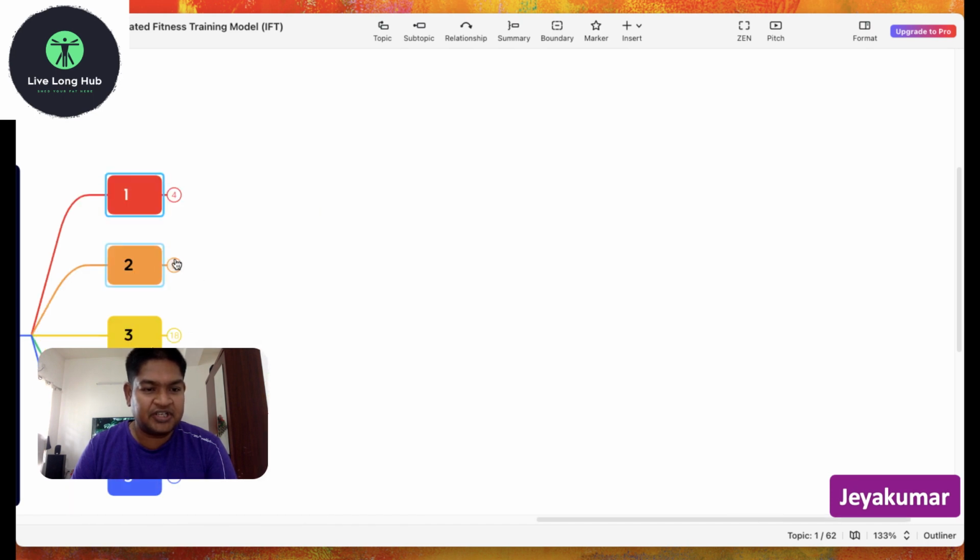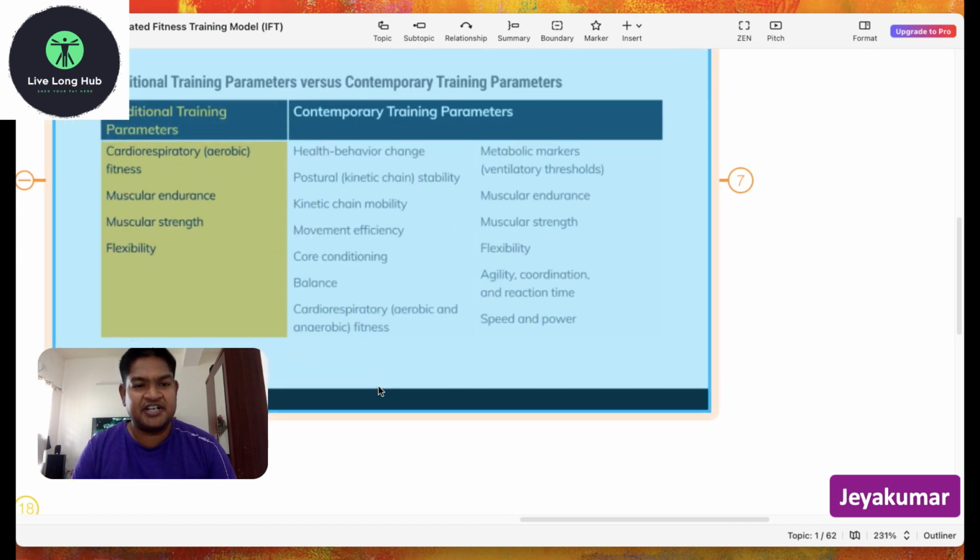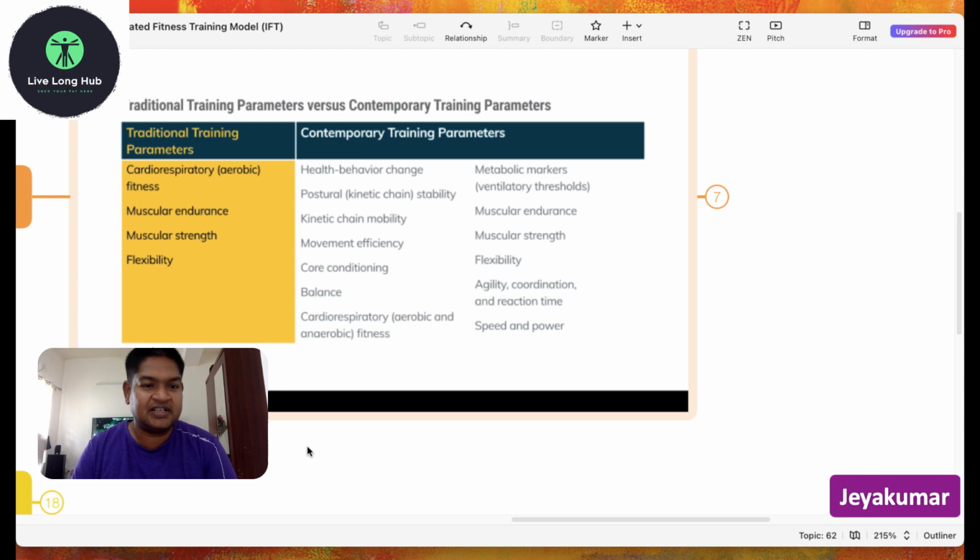Now let's get into the training parameters. The traditional training parameters are cardiorespiratory fitness, muscular endurance, muscular strength, and flexibility.